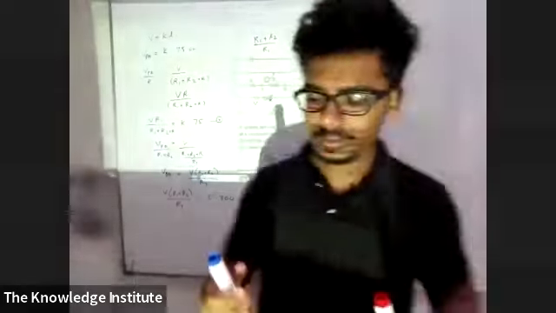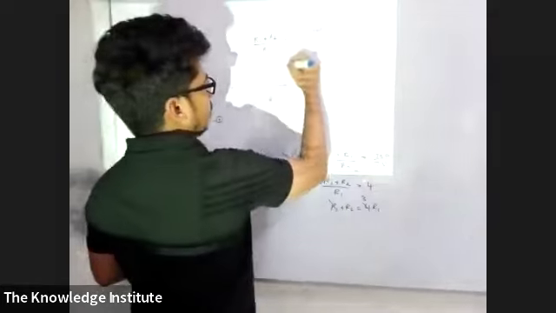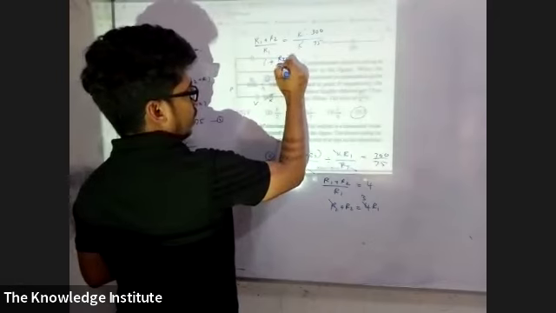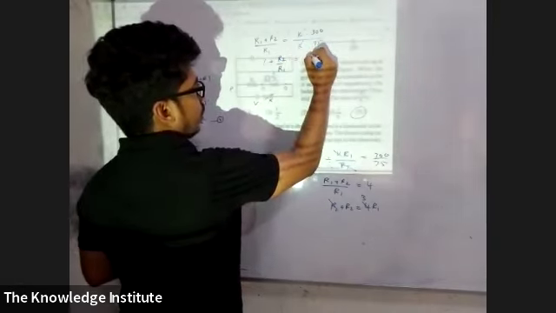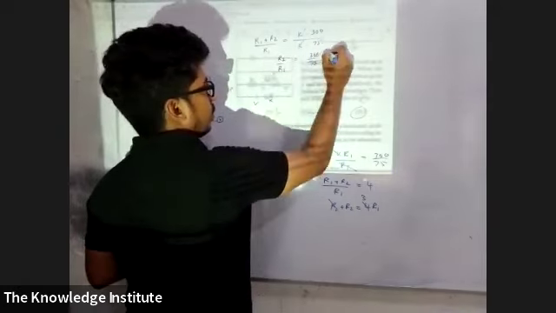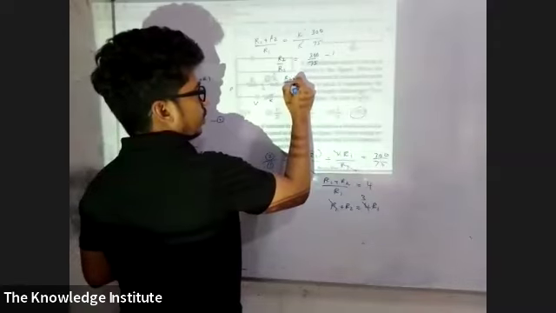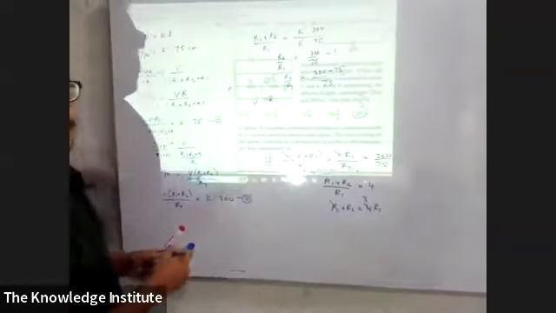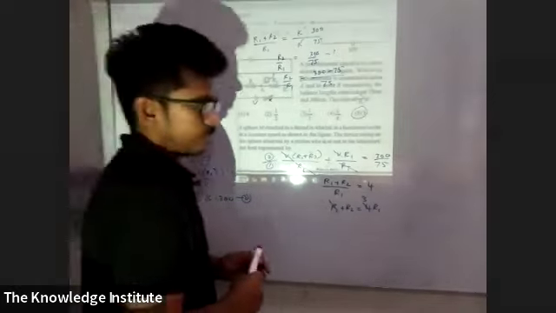K and K cancel. So 1 plus R2 over R1 is equal to 300 over 75, then go to this side minus 1. So you get 300 minus 75 over 75. That's why we say practice is very, very important.